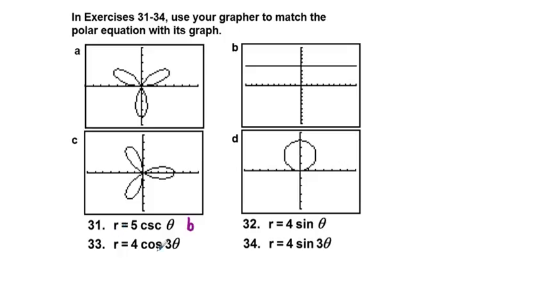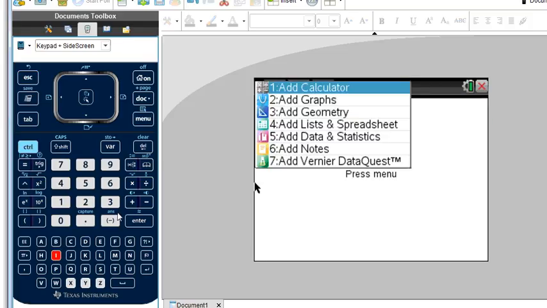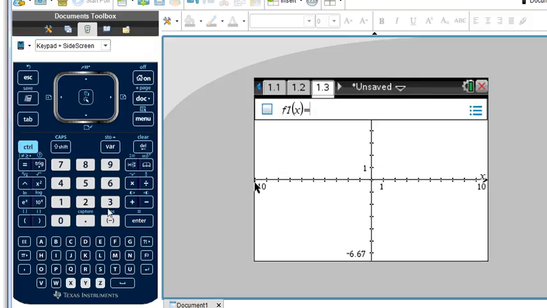So I'll put this little b next to 31. The next one on the problem to look at is 33. R equals 4 cosine 3 theta. So we go back to our calculator. Go to control I. Excuse me.